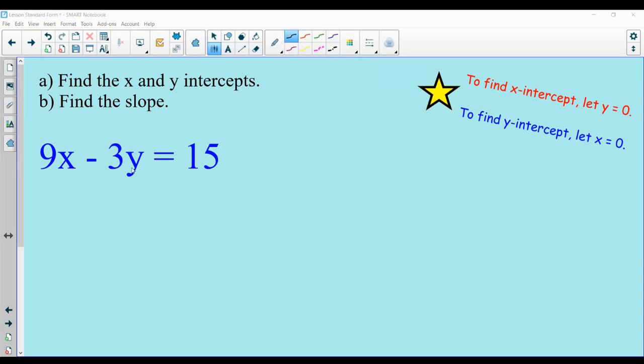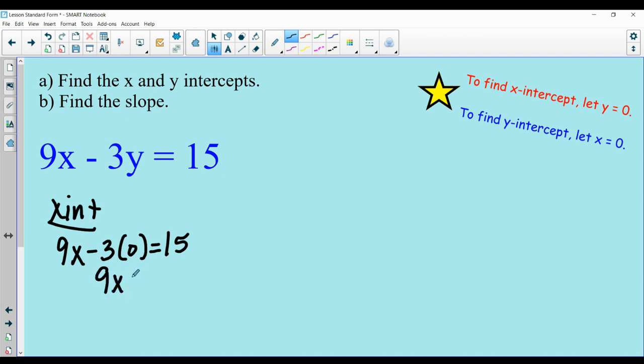Okay, so for the x-intercept, we're going to replace y with 0. Three times 0 is 0, and so we have the equation 9x equals 15.